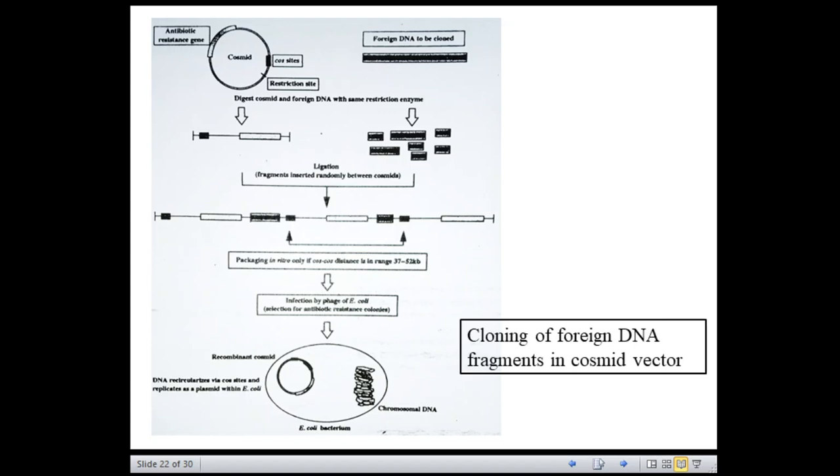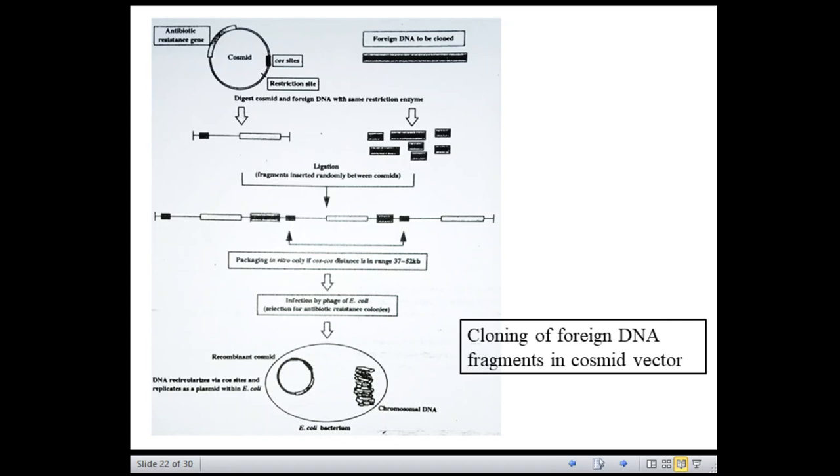In practice, this spacing can range anywhere between 37 to 52 kilobase pairs. Such DNA can be packaged in vitro if bacteriophage head precursors, tail and packaging proteins are provided.